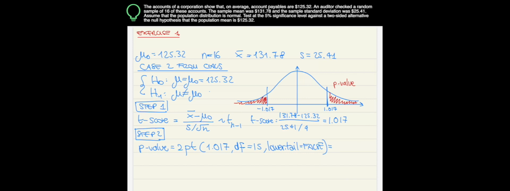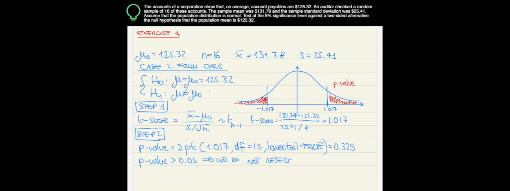And the result is 0.325. Okay, so this is the p-value. The p-value of 0.325 is greater than 0.05, so we do not reject.